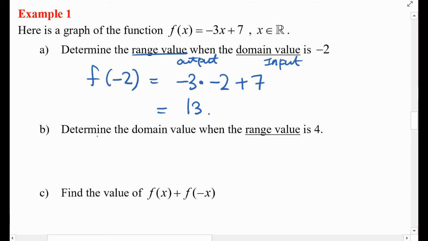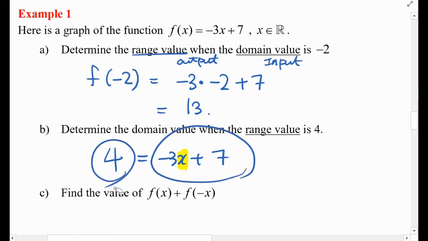Determine the domain value when the range value is 4. Okay, we know f of x equals negative 3x plus 7. So we want to know x, the domain value, when the range value is 4. The range is basically the whole thing, okay? So when the output is 4, this is the function rule. After putting a number into the function, the result should be 4, right?